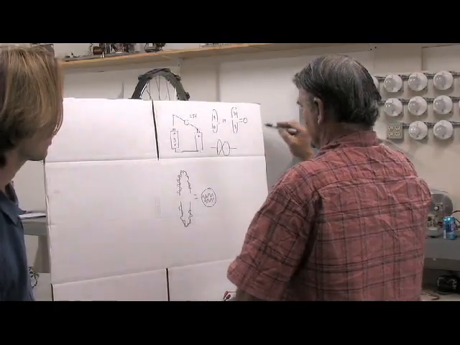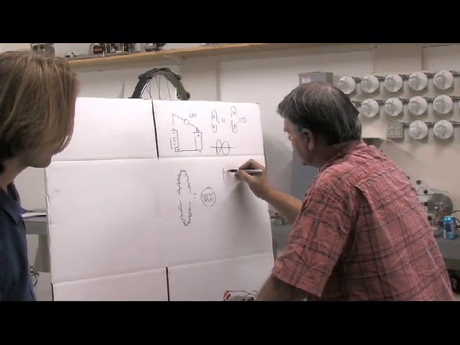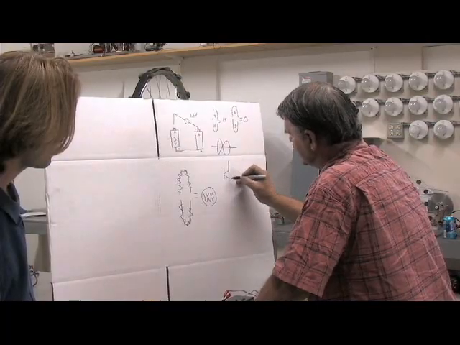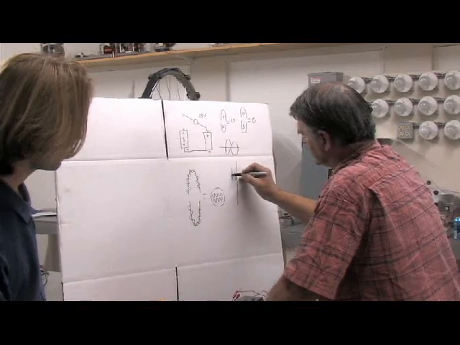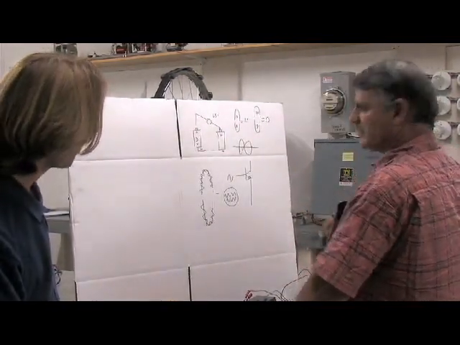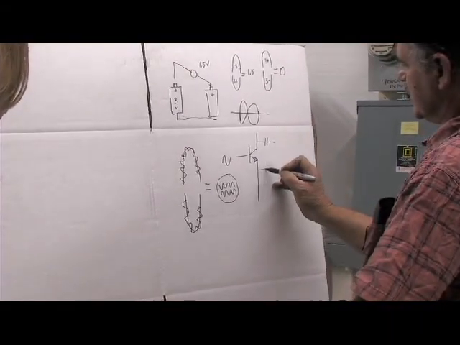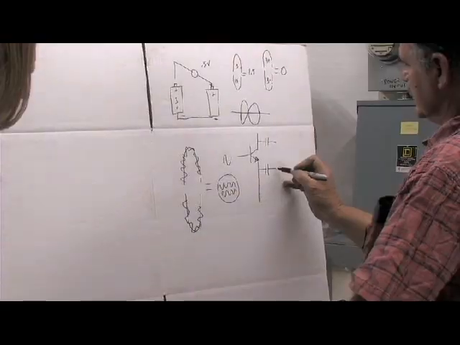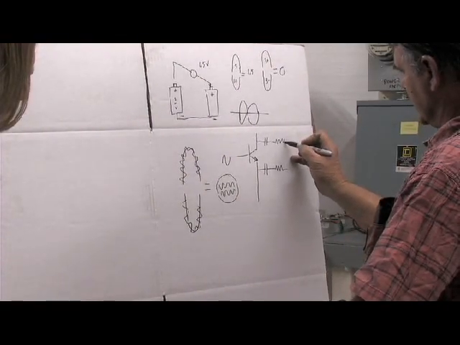So if I say to you, okay, I have a transistor here, all right, and I put this wave in it, and I take this portion, and I take this portion, and say that these are equal.